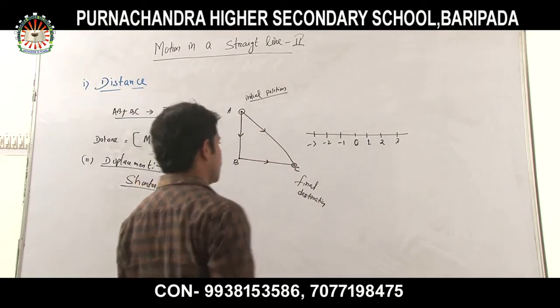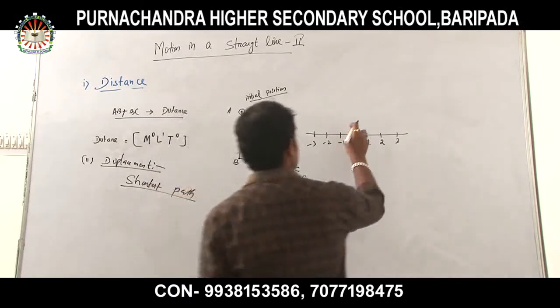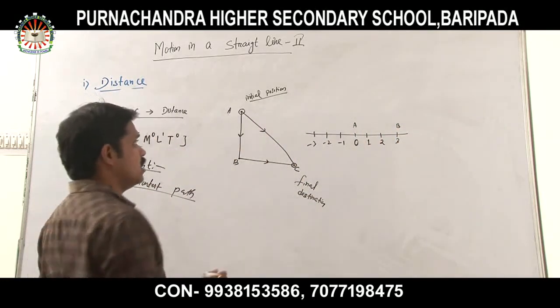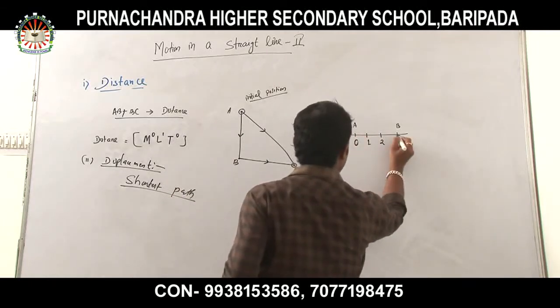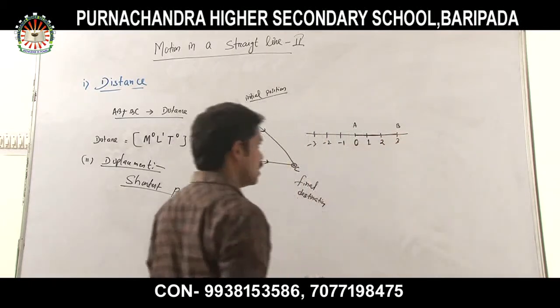The same thing happens. Suppose an object starts from A and goes to B. Listen very carefully. Then the distance is this AB.